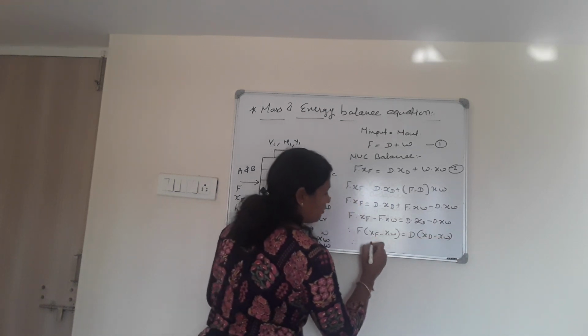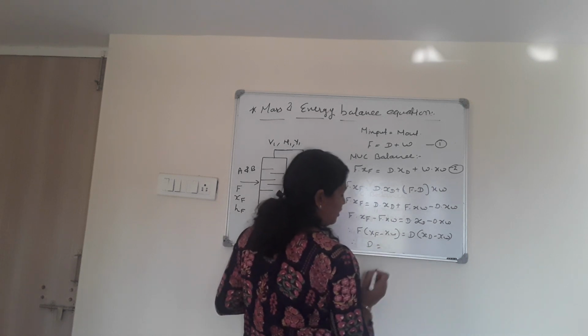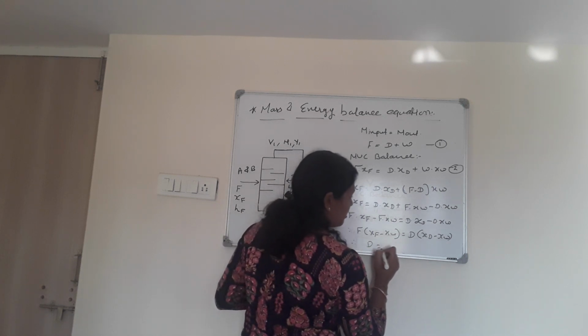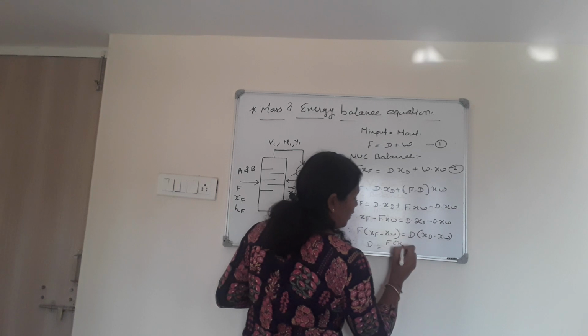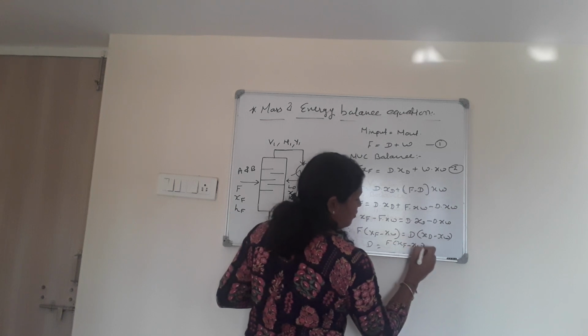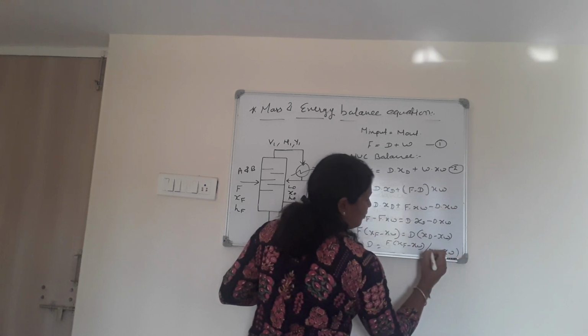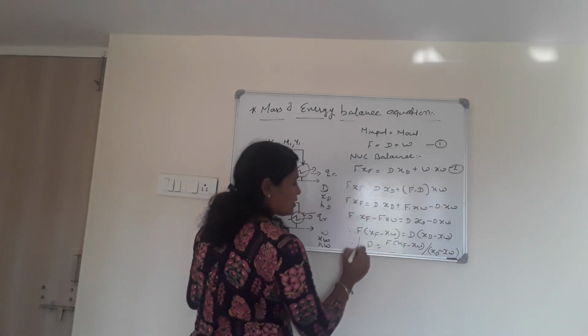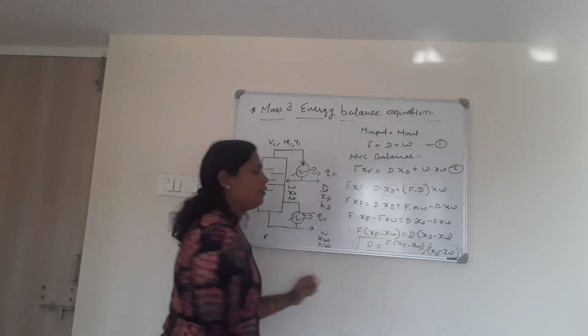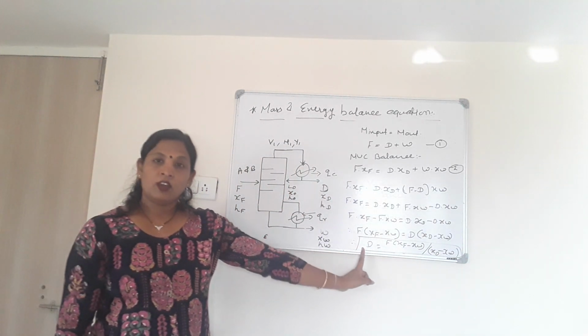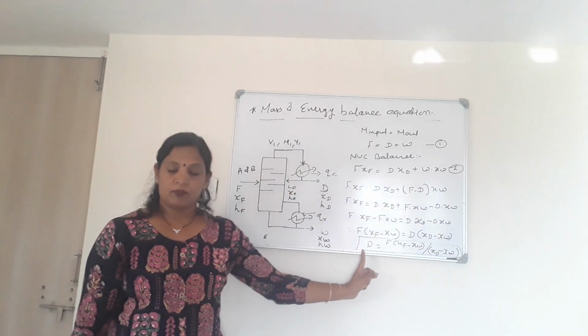So for finding the value of D, what can we write? D is equal to F into XF minus XW upon XD minus XW. So using this equation, we can find the value of D for the distillation column.